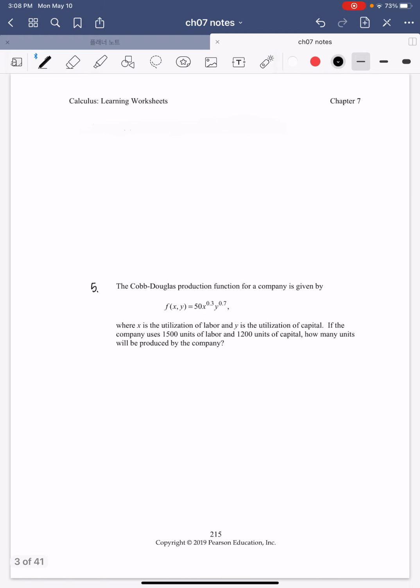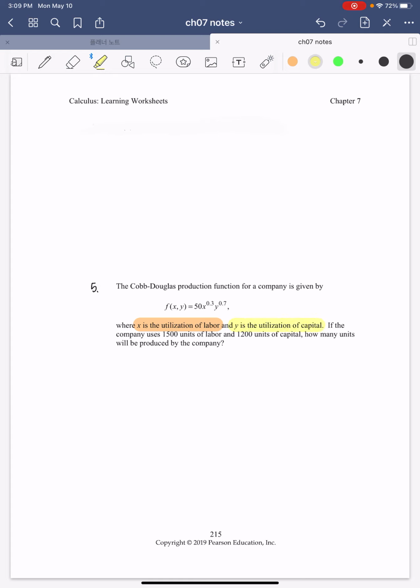Let's end with one of the application problems. A Cobb-Douglas production function for a company is given by f of x comma y equals 50 x raised to 0.3, y raised to the 0.7, where x represents utilization of labor and y represents utilization of capital.